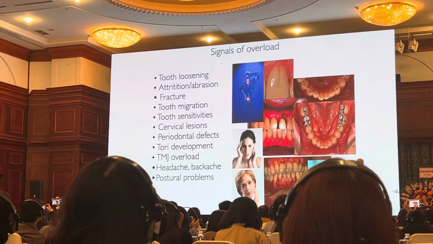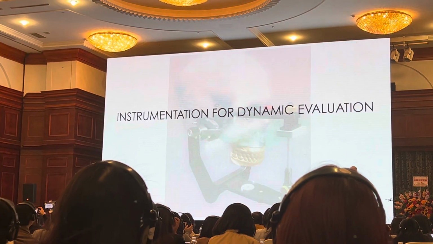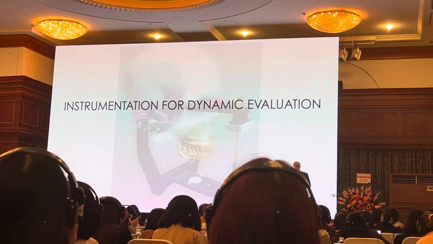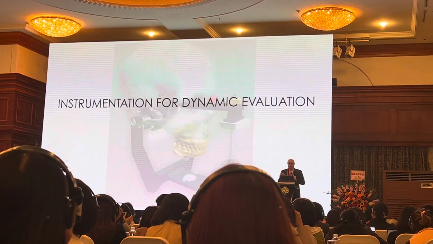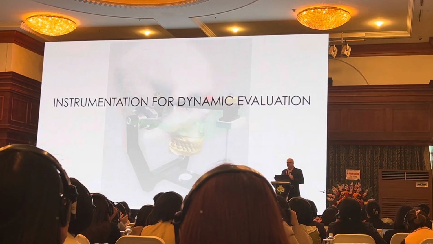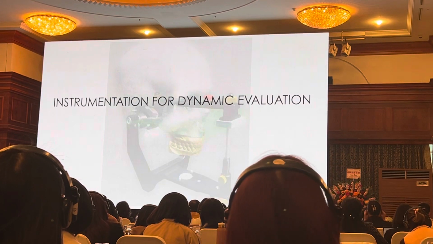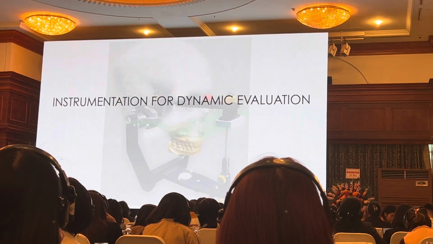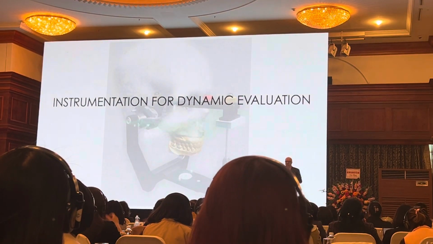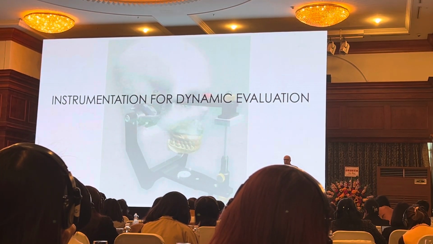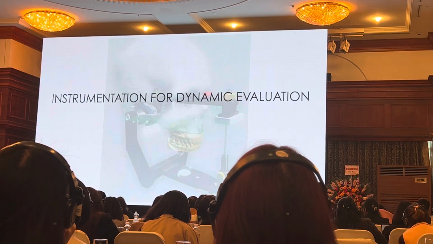So, good. So for dynamic evaluation, the instrumentation helps us a lot. So I don't want to see the patient from a static way. If I only have X-ray, I will only see from the static way, okay? Usually we don't have much time with the patient chair side, so it's better to have another way to observe the case in function.